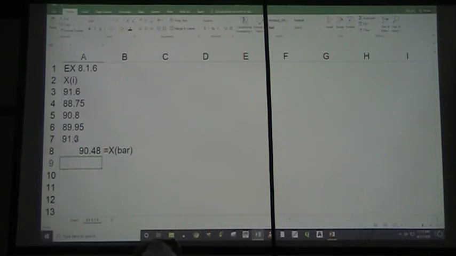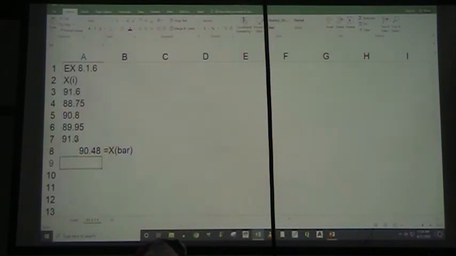Now, we do have a problem. We don't have our variance, and as a result, we don't have our standard deviation.